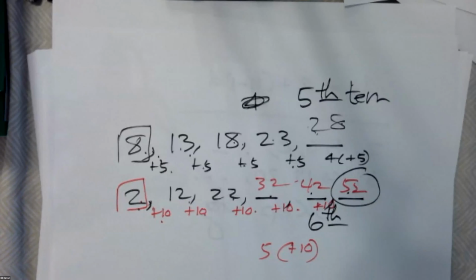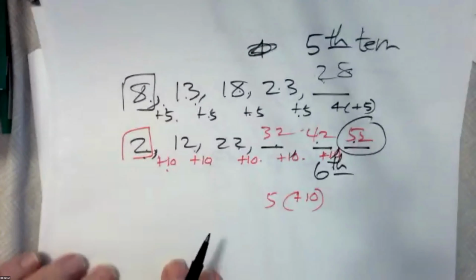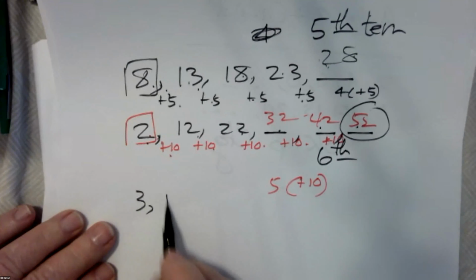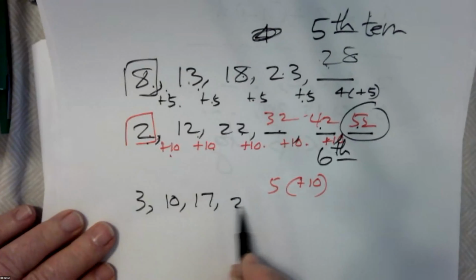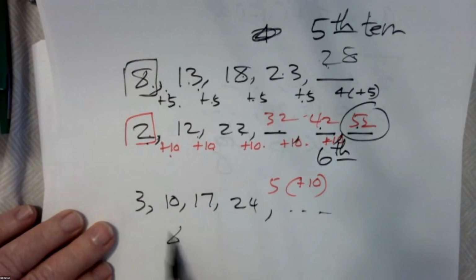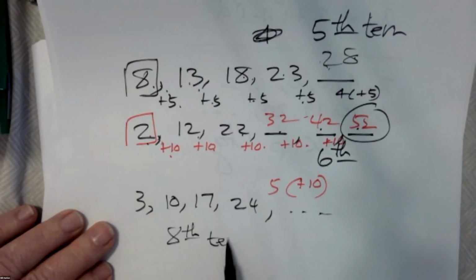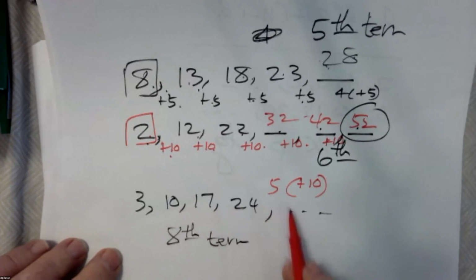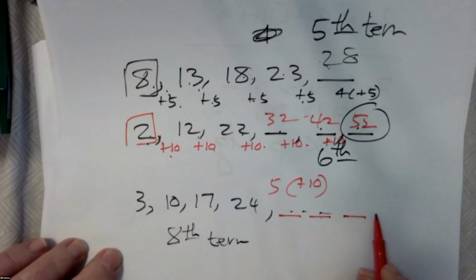Now, I'm going to do one more, and then you can tell me what this is going to be. Let's say I start off with a number like 3, and I add 7. So that's 10, 17, 24. And I say to you, what is the 8th term of that sequence? Well, let's see. That's 4, 5, 6, 7, 8.